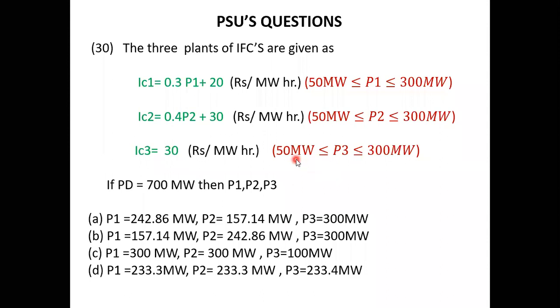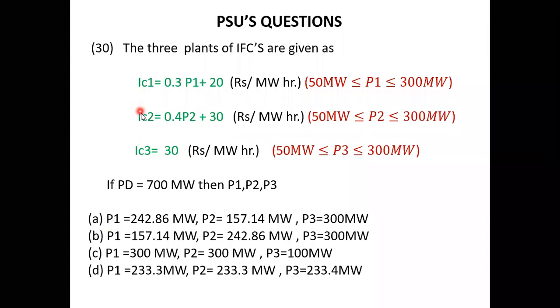It is better to generate 300 megawatt by using the third power plant. So that's why your P3 value must be equal to 300 megawatt. When you consider the options, in A, the P3 value is 300 megawatts. Similarly, in option B, your P3 value is 300 megawatts. Then again, out of these two, we need to pick one more answer, that is A or B.